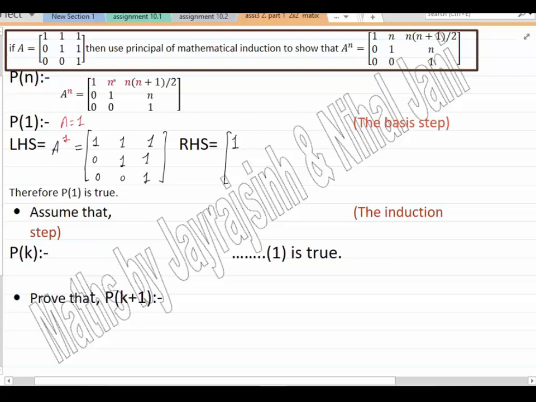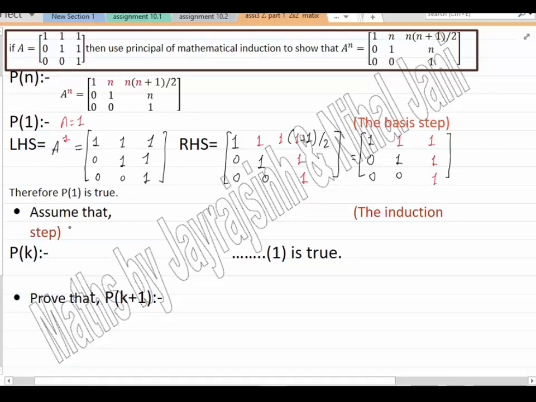So here instead of n we have to put 1, then 1 into 1 plus 1 by 2, 0 1 1, and 0 0 1, right? Okay, so here we will get exactly the same as the left hand side matrix, so therefore P of 1 is true.